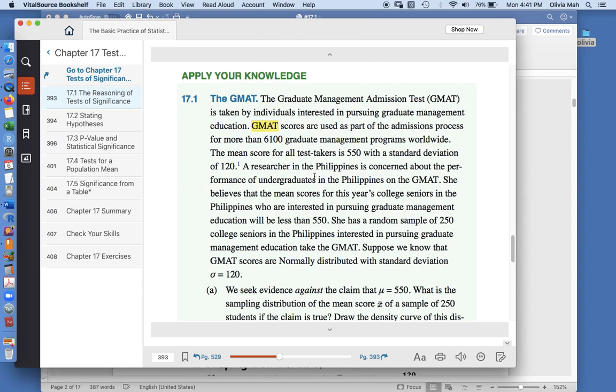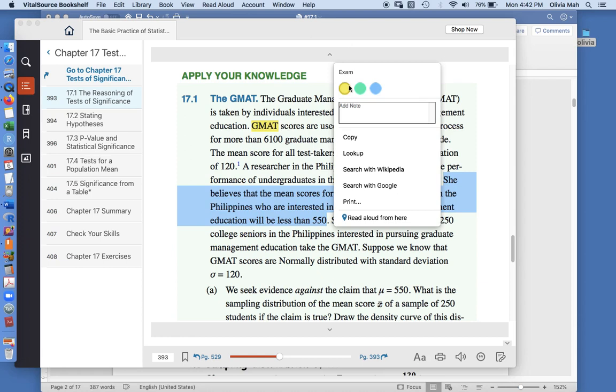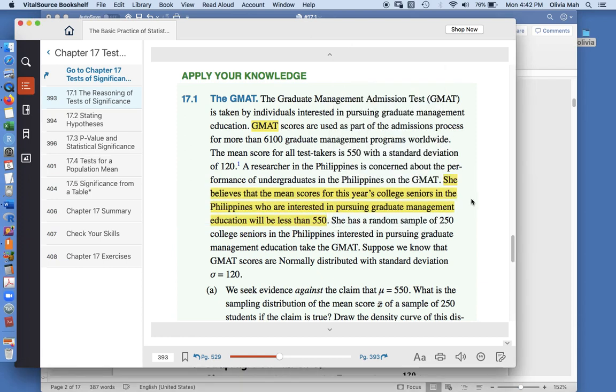And so a researcher in the Philippines, what does that researcher want to achieve? So here's a key sentence. She believes that the mean score, I don't understand why there's an S here, it should be just one mean score, for this year's college seniors in the Philippines probably should be less than 550.